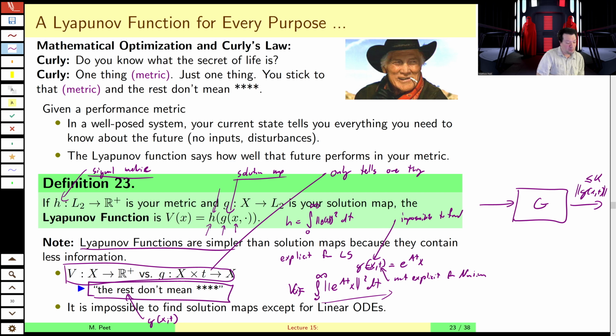In practical terms, it's impossible to find the rest, so we'd better focus on one thing and ignore the rest, because it doesn't mean anything to the particular optimization problem that we've decided to define. And when we get to part D of this lecture, we'll talk about specific problems for specific metrics.